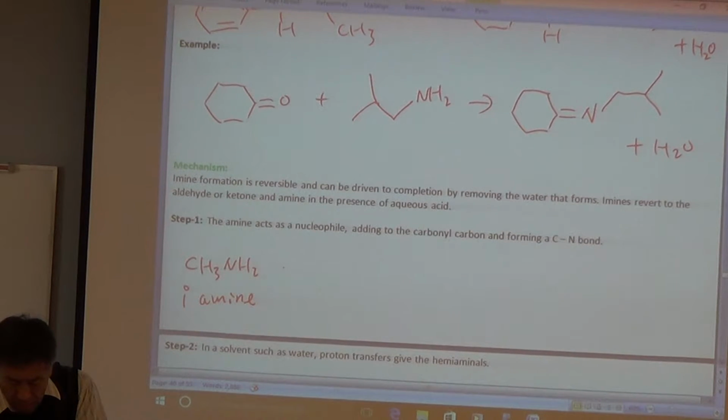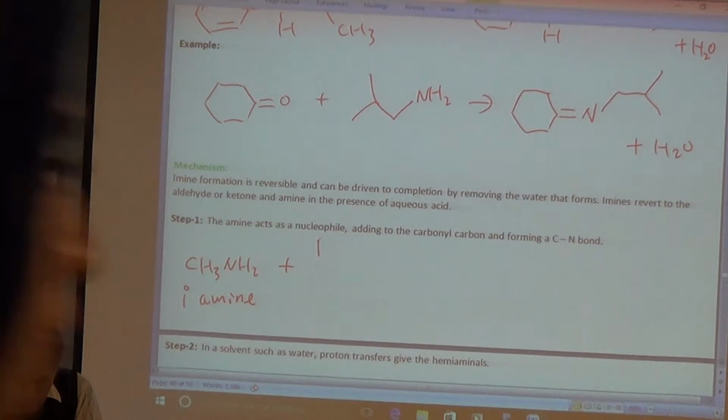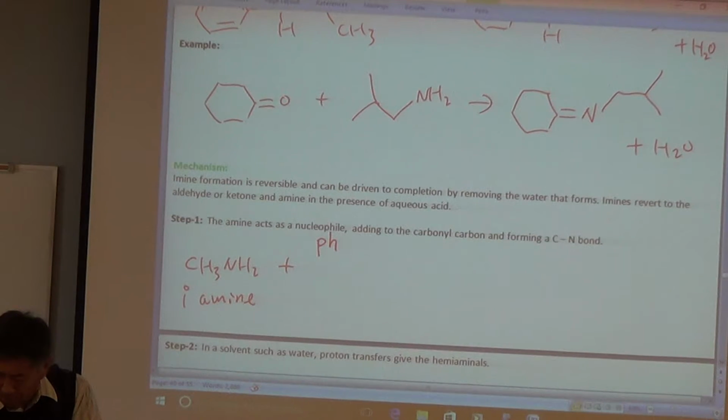And we'll use benzaldehyde. I'm going to use an abbreviation for the benzene ring, so I call it Ph. Ph, carbon double bond O, and H. So this is our benzaldehyde.